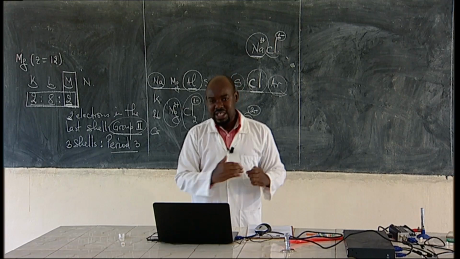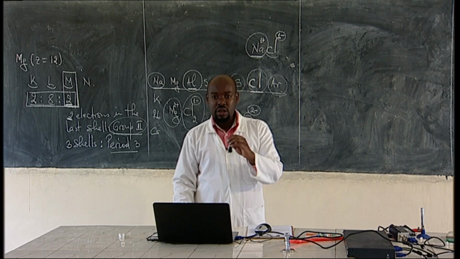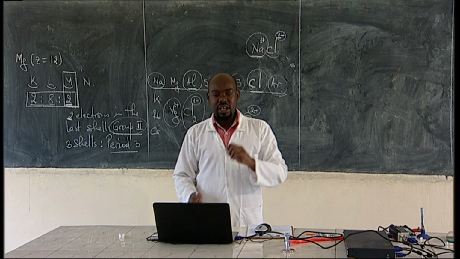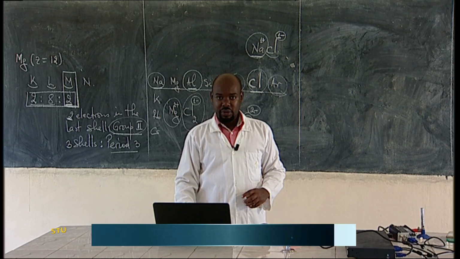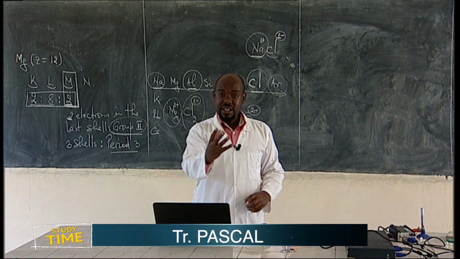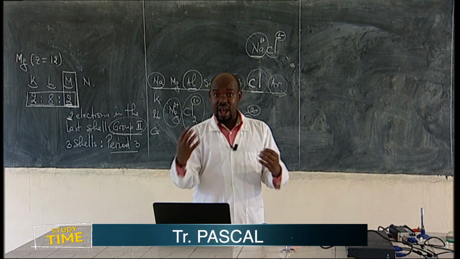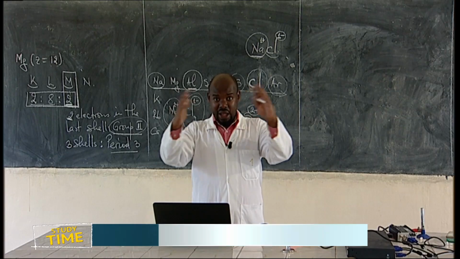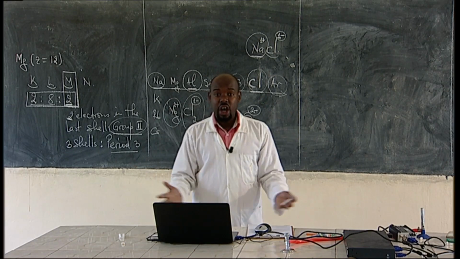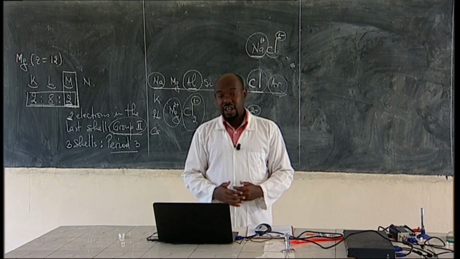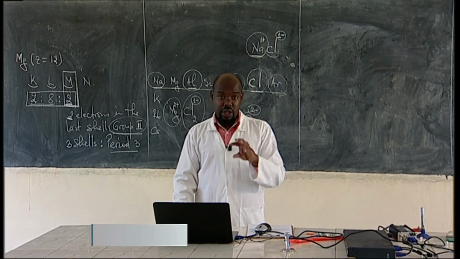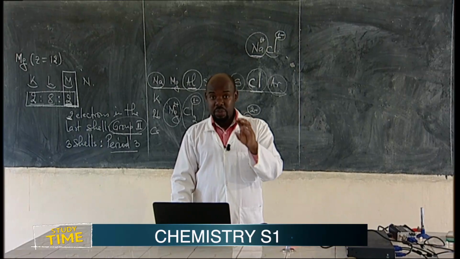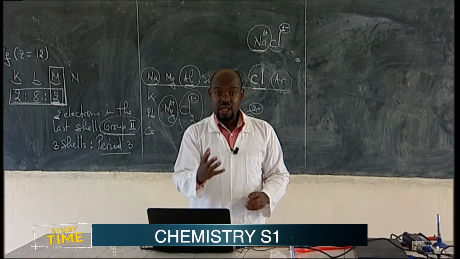If I want to take something from you, I would start with what is very far from you. That is what happens even with the atoms. When an atom becomes larger and larger, it is very easy to take off the electrons because the electrons will be experiencing a weaker attraction.